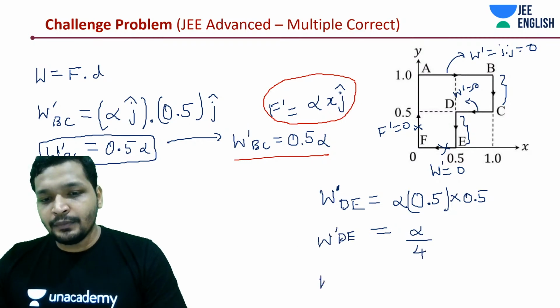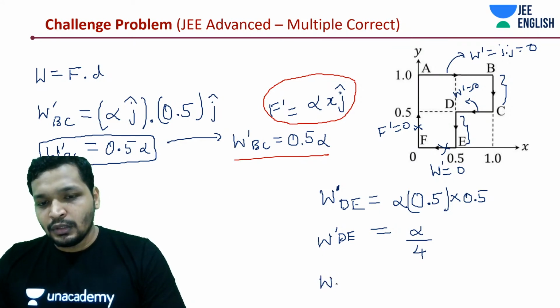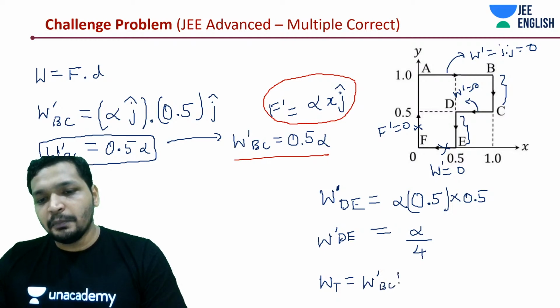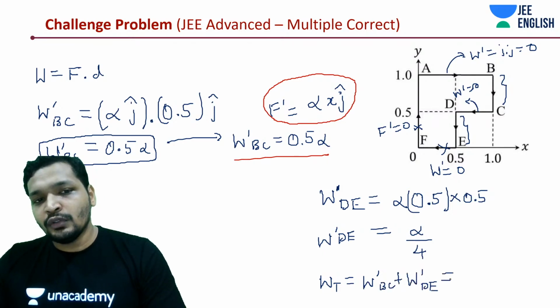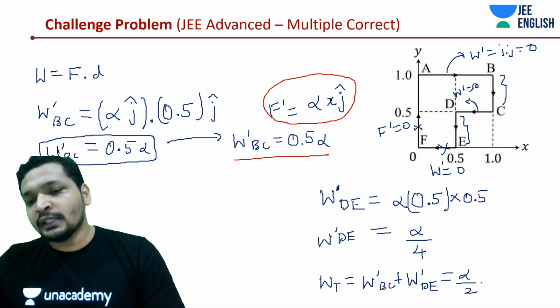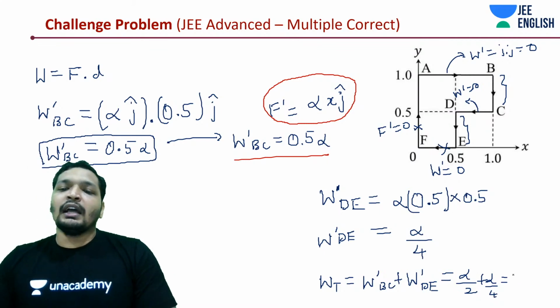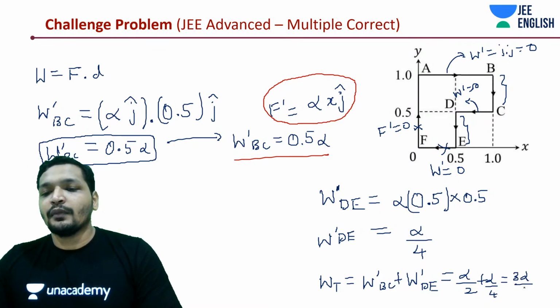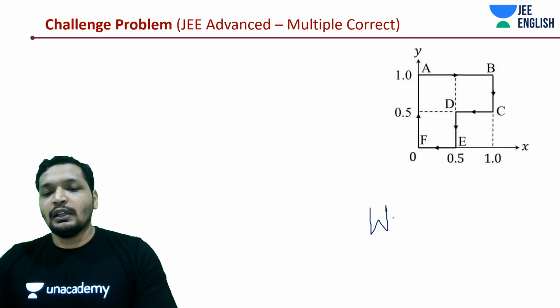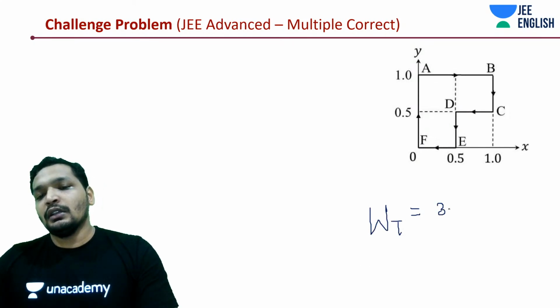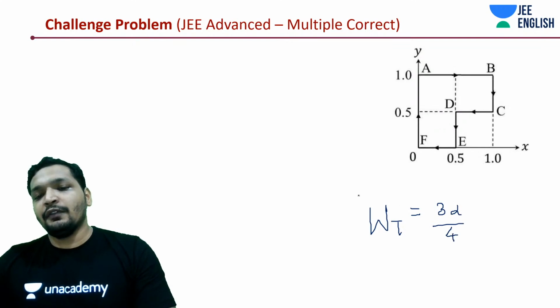Total work done, W dash BC plus W dash DE, is alpha by 2 plus alpha by 4, which is going to be 3 alpha by 4. That's it. Total work done is 3 alpha by 4.